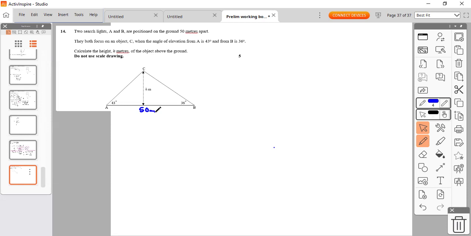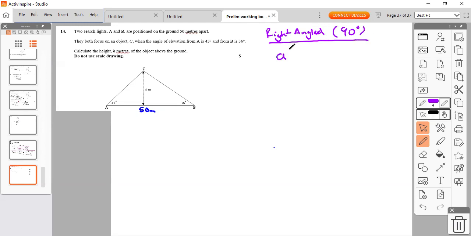This question is quite a common question, and we have to use two types of rules for triangles. Remember we've got rules for when the triangles are right angled. A right angled triangle has a 90-degree angle somewhere.